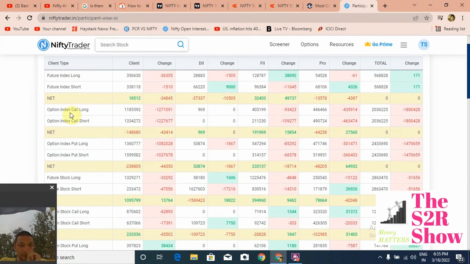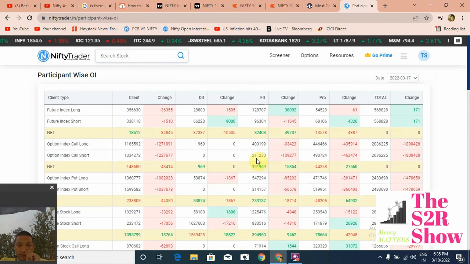And we'll see the call. You see call long is approximately double of the call short, 4,03,000 call long and 2,11,000 call short. This is just double, so they are bullish. So we can see that FIIs are very bullish, so we should also be bullish.